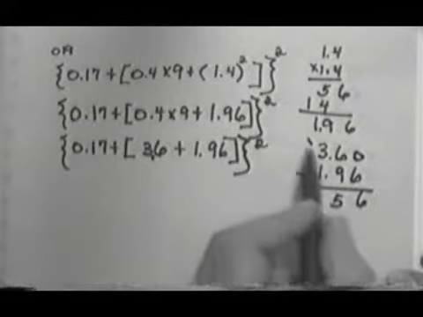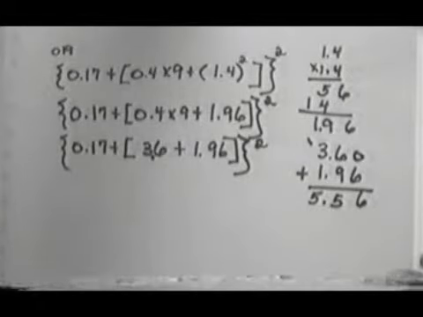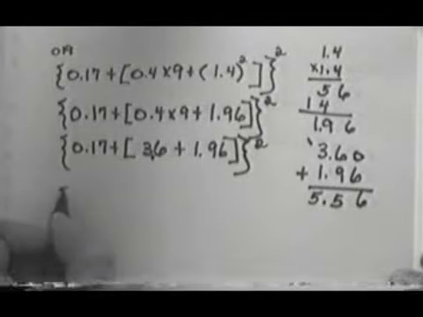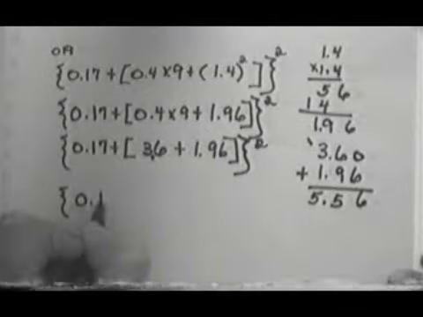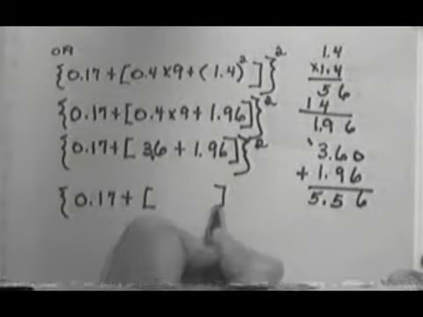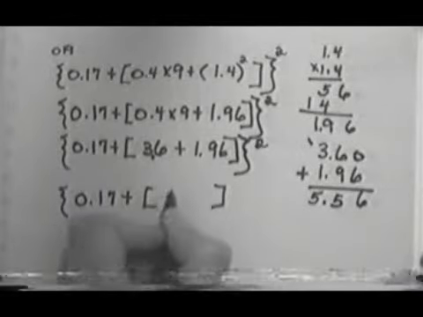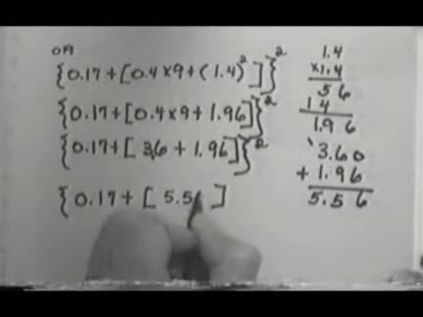Carry our 1. 1 and 3 is 4, and 1 is 5. And we bring our decimal down straight. So I go back, and I write my 17 hundredths, my plus, put my bracket back, but finally I can put an answer to the bracket. Inside the bracket will be 5 and 56 hundredths.